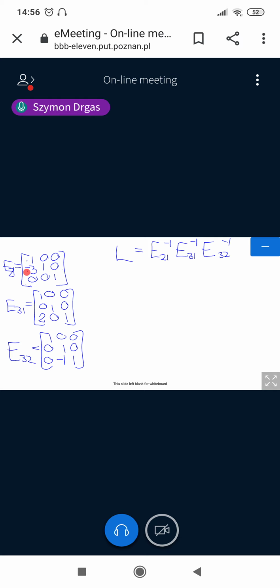If we want to do the reverse operation, we need to add the first row multiplied by 3 to the second row.